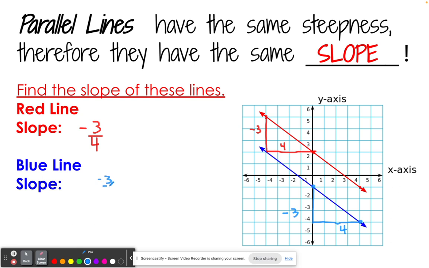Now, if I wanted to write the equations for each of these lines, this one would be y equals negative 3/4 x. I should be writing this in red, but I'm not because I forgot to change my pen. And my intercept is 2.